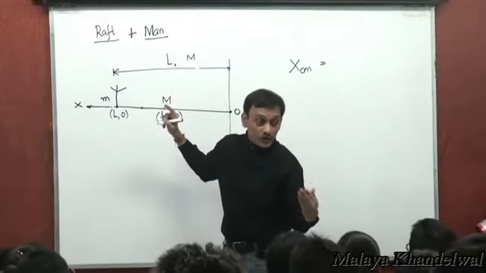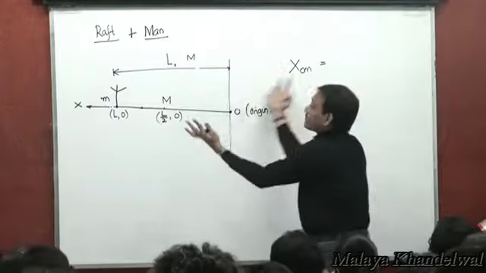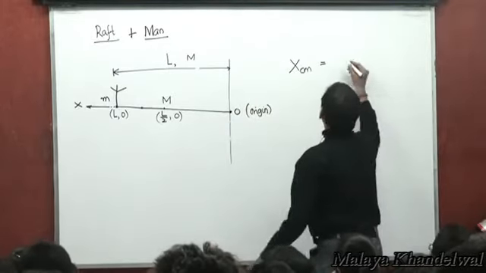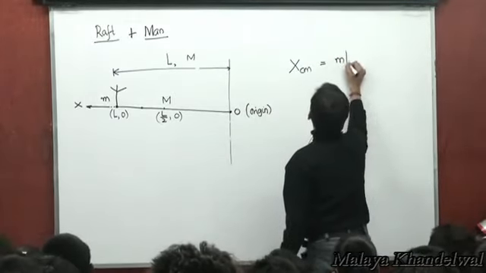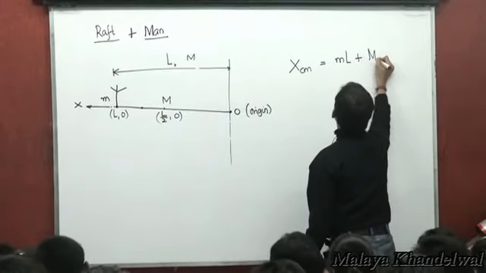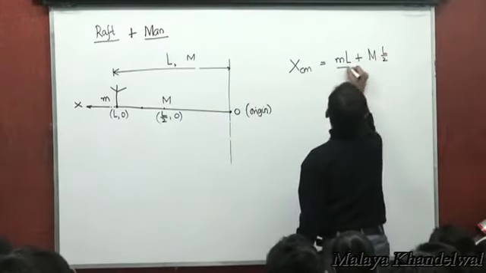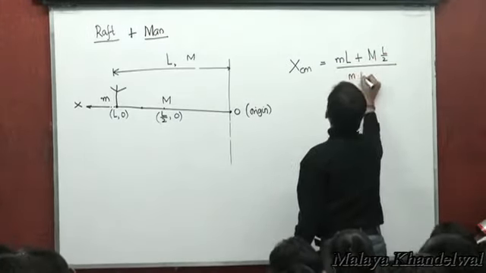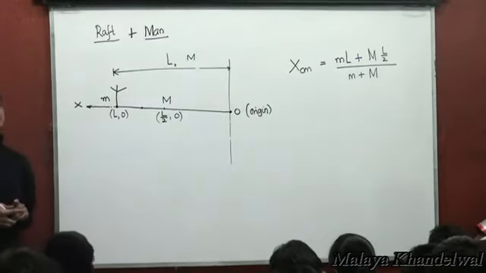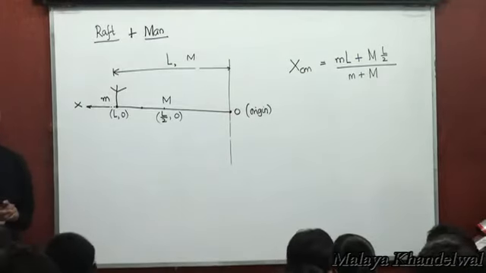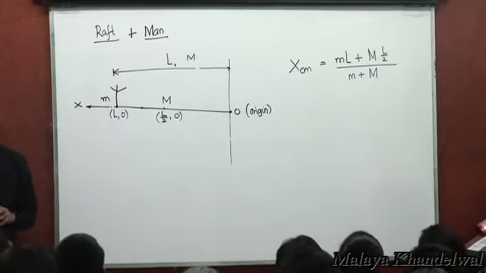That's the x coordinate of the center of mass of the system, raft plus man.